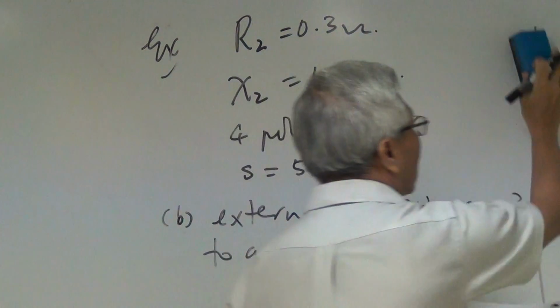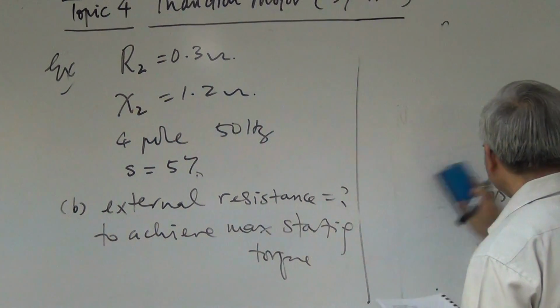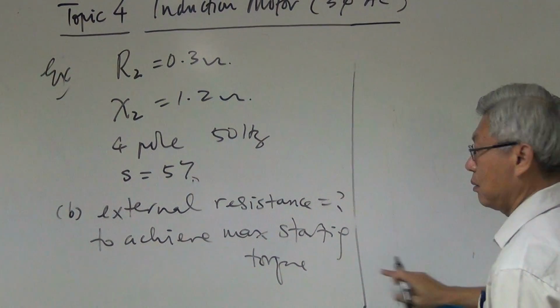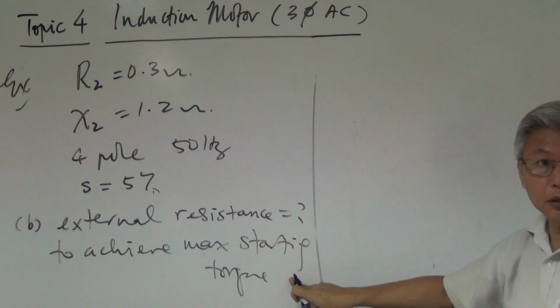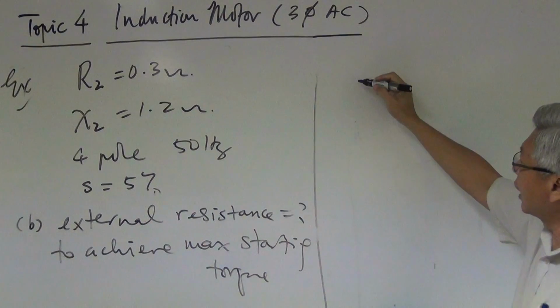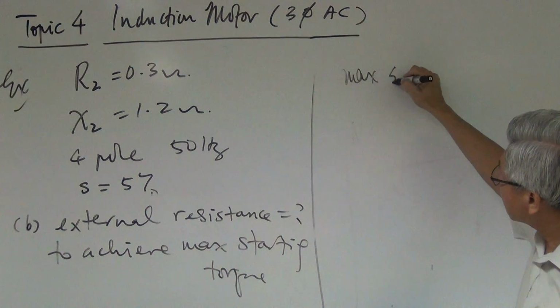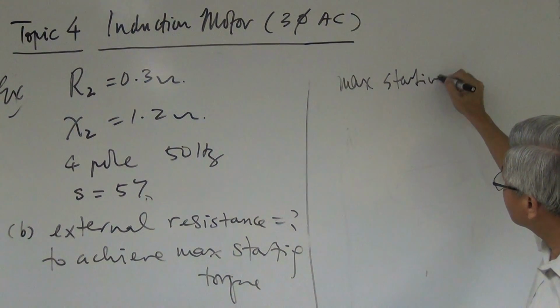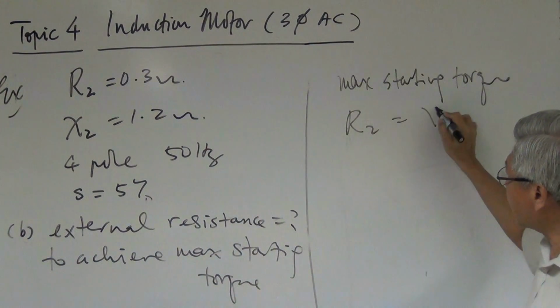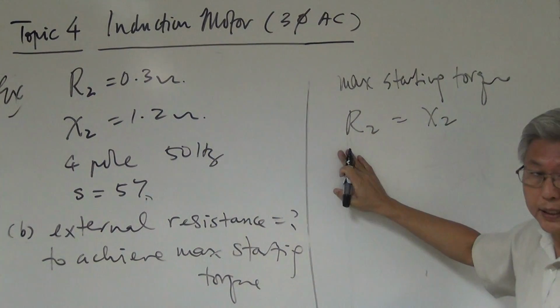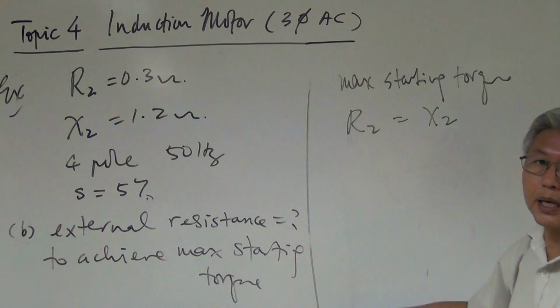Now maximum starting torque is a different condition. To achieve maximum starting torque, R2 must be the same as X2. If they are not the same, you put in an external resistance, and that's what the question is asking you.